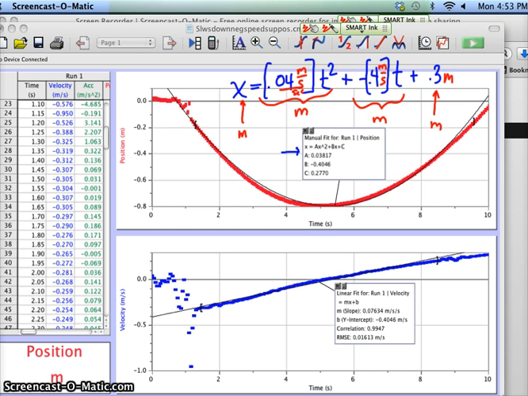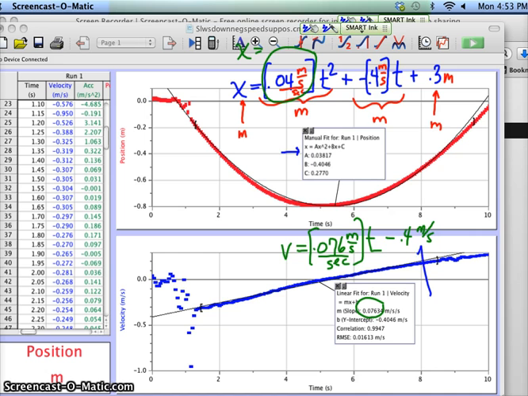Okay? So the general equation, therefore, has to be position equals this term here, which should be about half of this term here, because the equation for velocity is v equals 0.076 meters per second times time minus 0.4 meters per second.